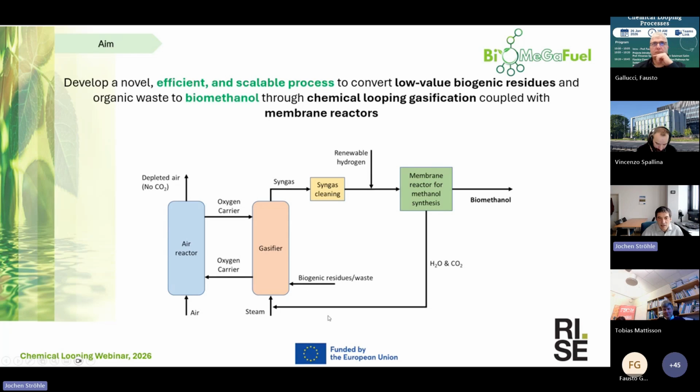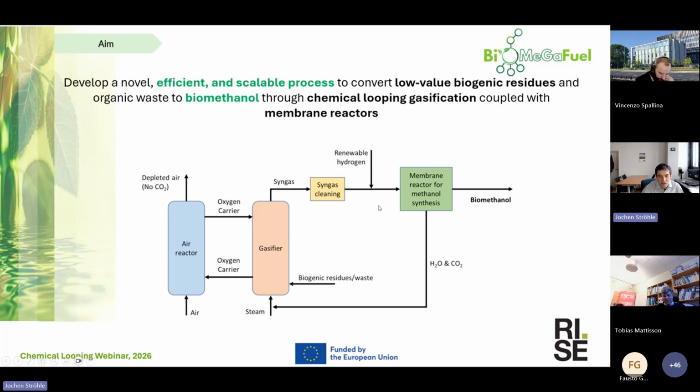It looks quite similar to a chemical looping combustion system, just that we do not aim for a full conversion of the fuel, but only for a partial oxidation of the fuel, so that we have a syngas as a product. And this syngas we have to clean, and then we can adjust the H2 to CO ratio by adding some renewable hydrogen to get a perfect ratio for the membrane reactor methanol synthesis. So this ratio is around 2.